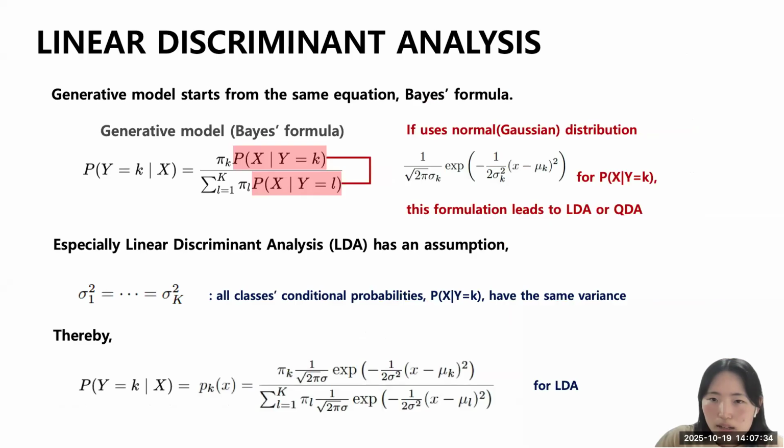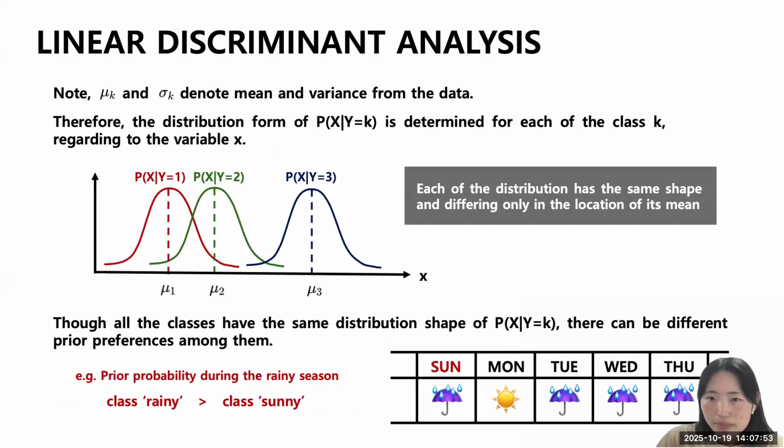If we assume that the class conditional distribution follows a Gaussian distribution in a generative model, this becomes LDA or QDA. The formula leads to LDA when the variances are equal for each class. Therefore, the equation of LDA can be expressed as the formula shown below.